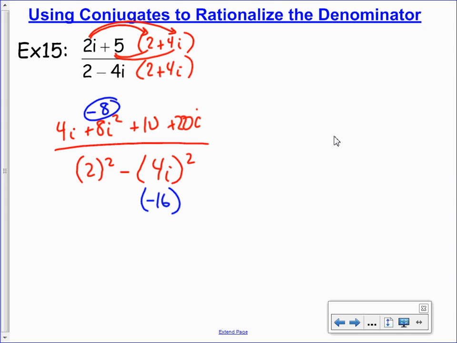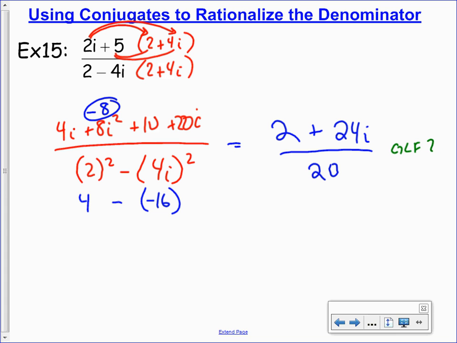Negative times negative would be positive 16. So just cleaning this up, the real numbers are negative 8 and 10, so 2 plus 24I over 4 minus negative 16, which is 20. What is the GCF? 2.